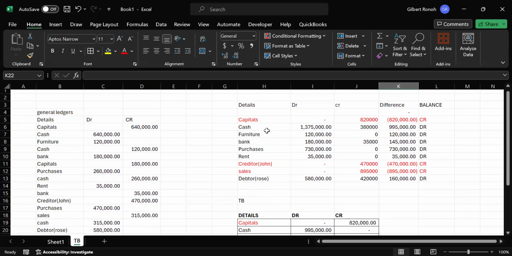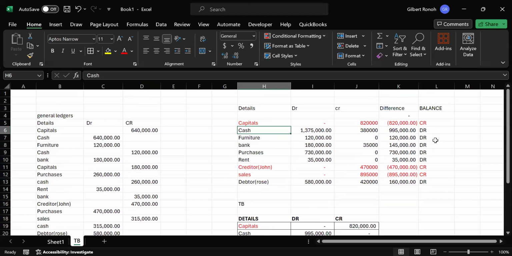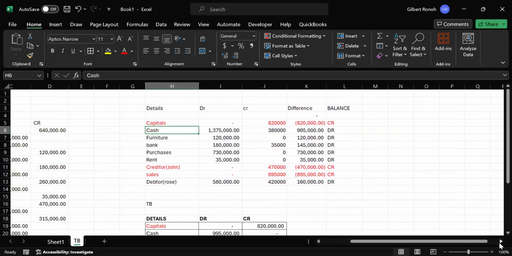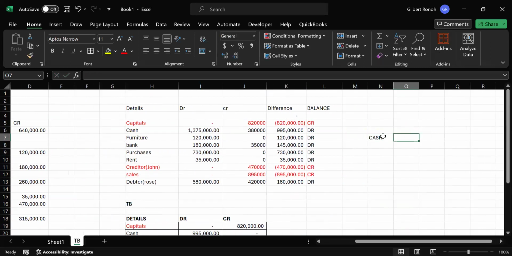Yes, because we have to get the ending balance. Remember, if we prepare the cash account in a T format, with the running balance here, we only take the carry forward to the trial balance. In this case, the carry forward is 995. That is the balance carried forward, because the debit has the total of 1.3 and the credit has the total of 380.